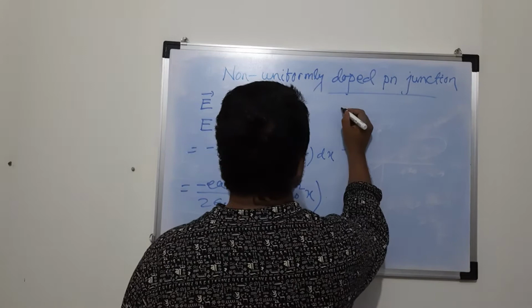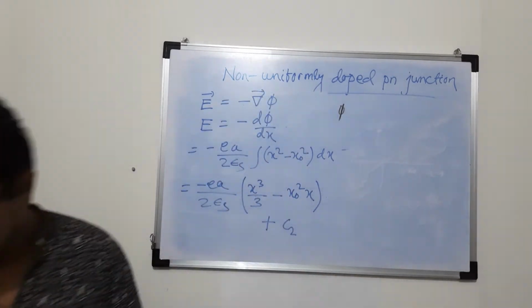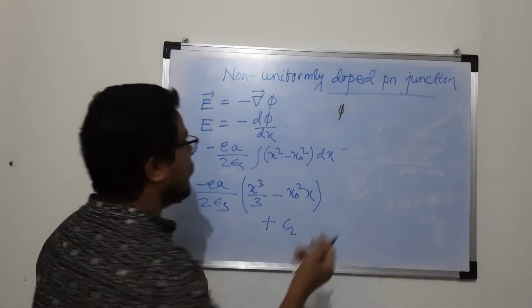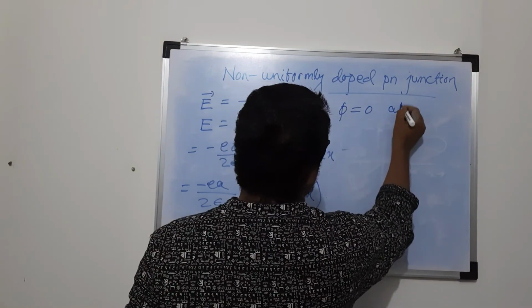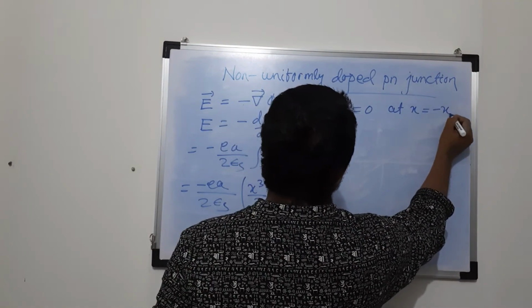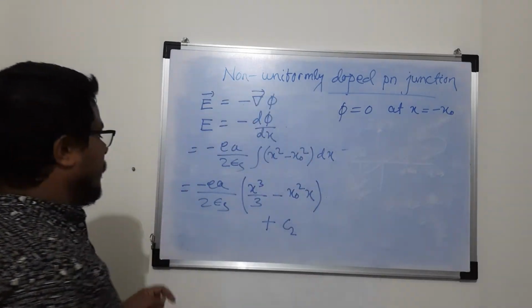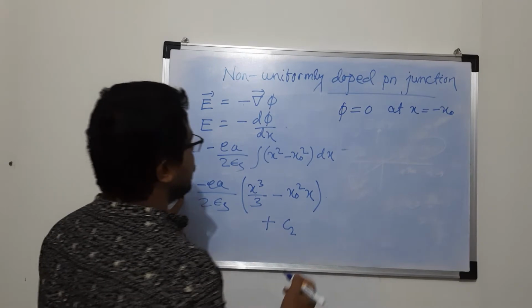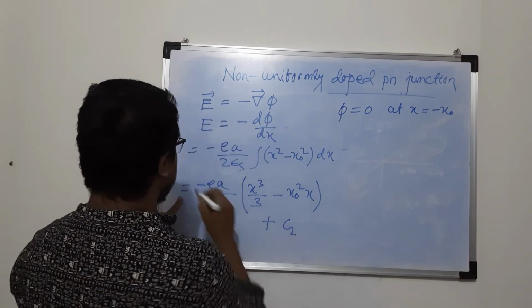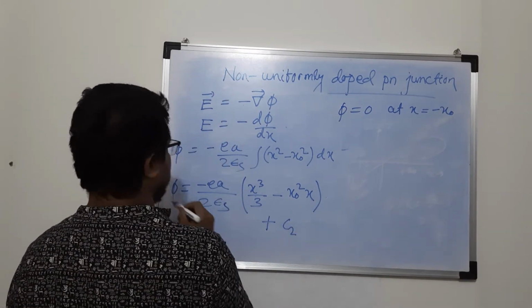So phi is equal to 0 at x equals minus x0. Okay, be careful while substituting these values. There is a negative sign, so you can see here what we got. Phi is equal to this.